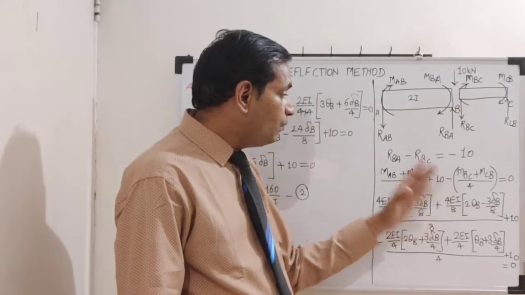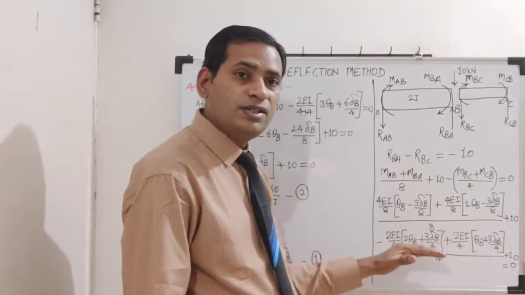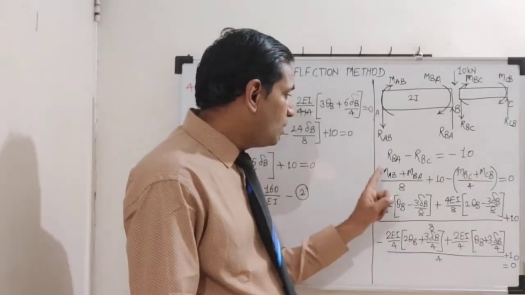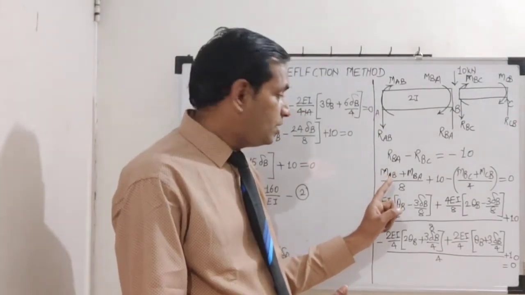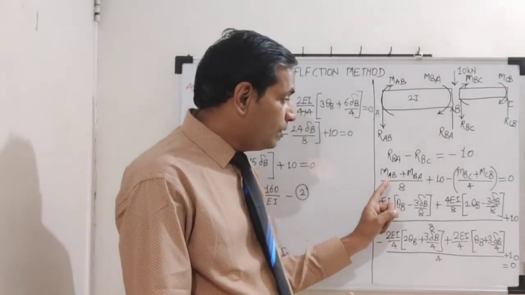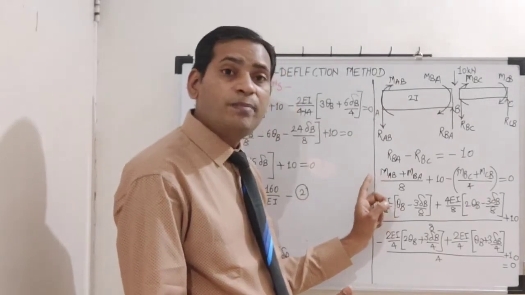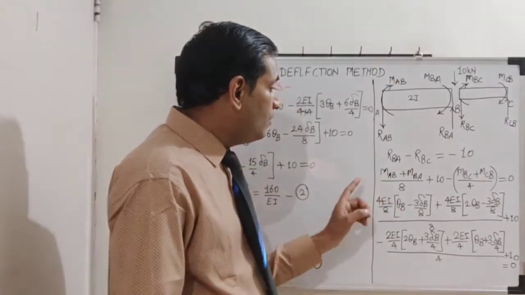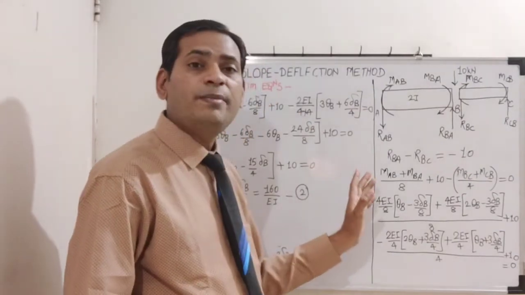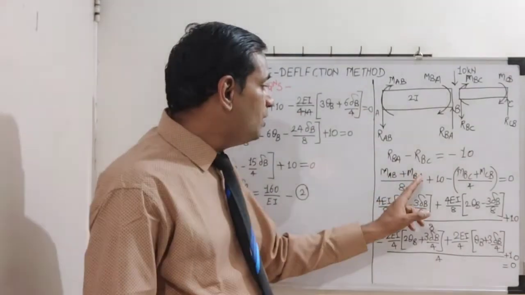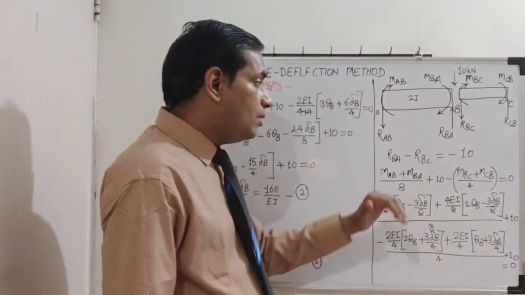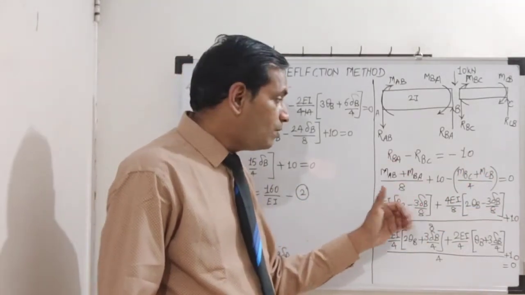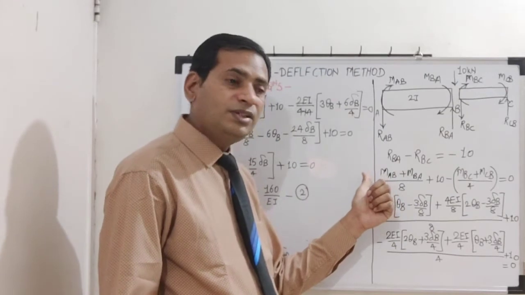Now we are going to simplify this step by step. So MAB, refer to our previous steps. Step number 3. In this step, you will get all these MAB, MBA, MBC, MCB values. Substitute these values from step number 3.